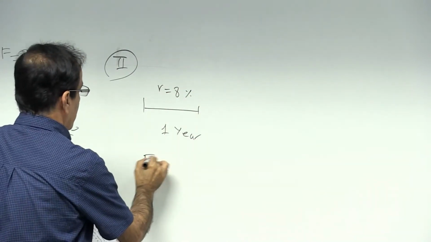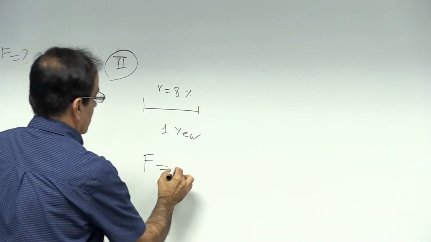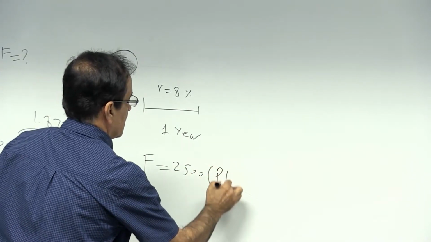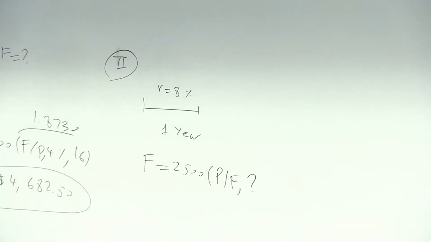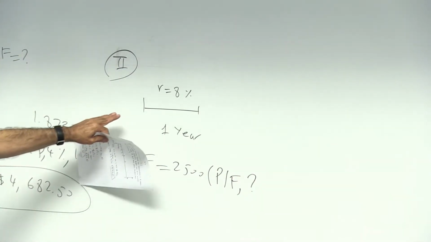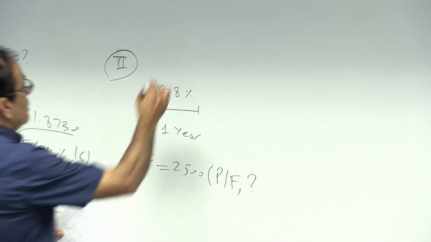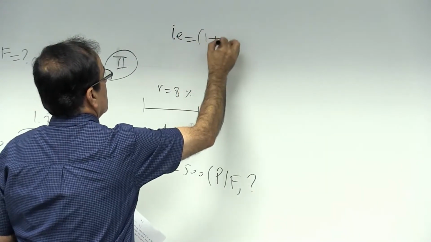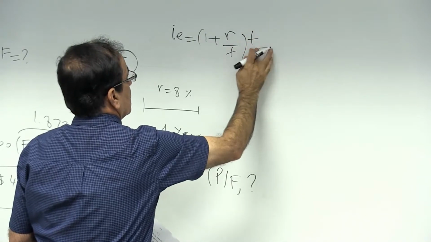Now, in order to find F, same as before, it is equal to 2,500 P given F. For the i, what should we put here? You cannot use 8% because 8% is the nominal for 1 year. You have to find the effective. So I'm going to write the effective from this equation: (1 + R/T)^T minus 1.